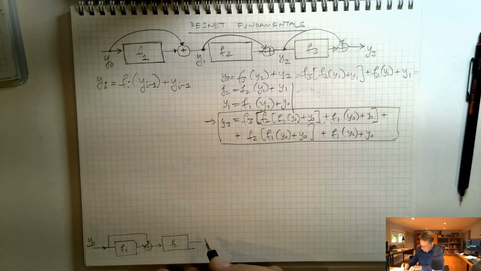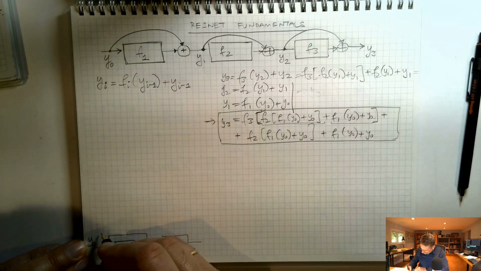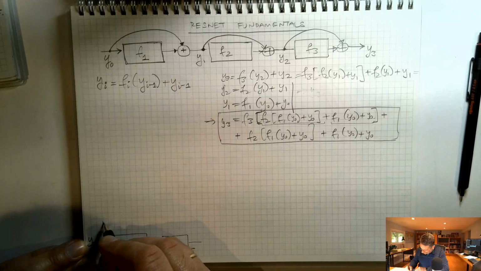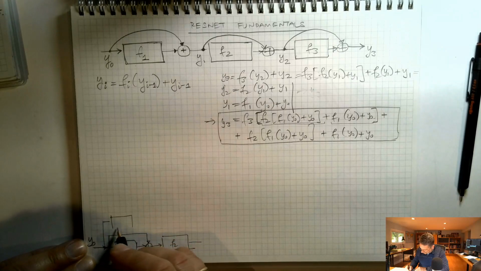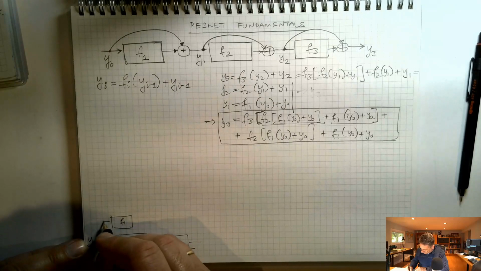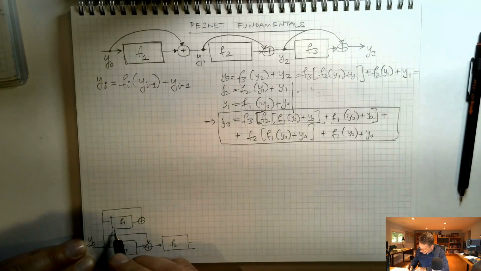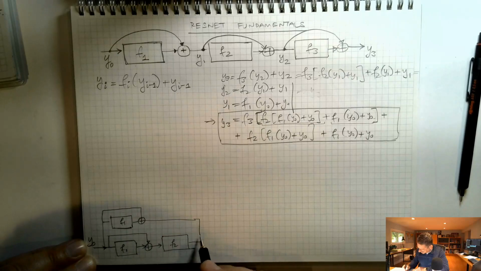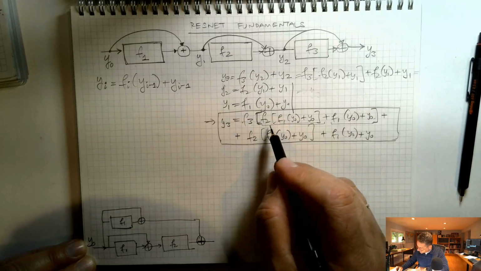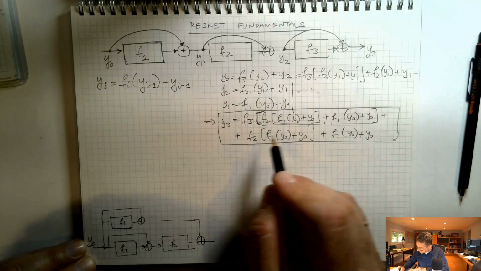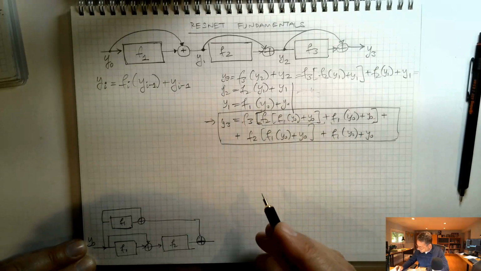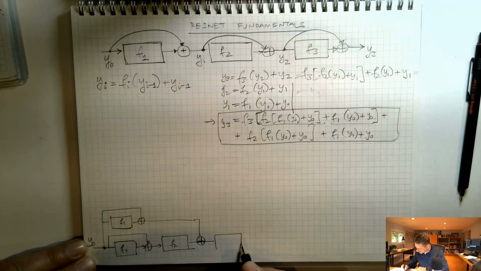So we add to it another block involving the function f1. Okay, so this is basically this inner term over here, and then finally we are taking the f3 of that.